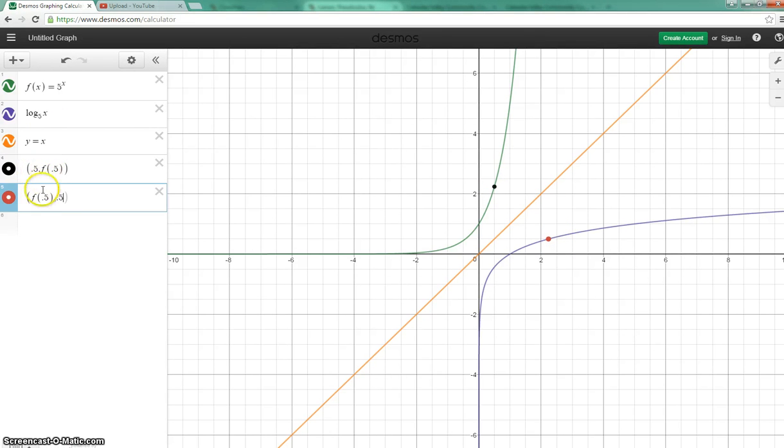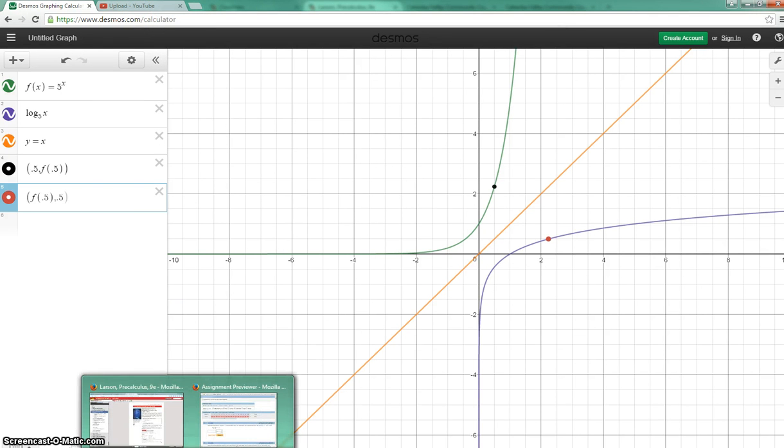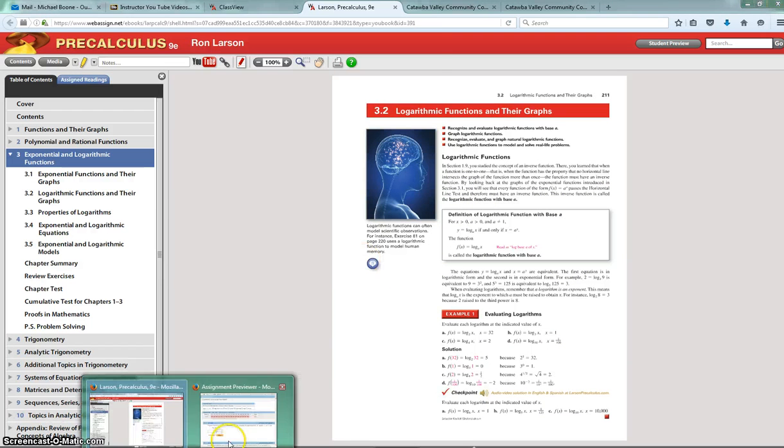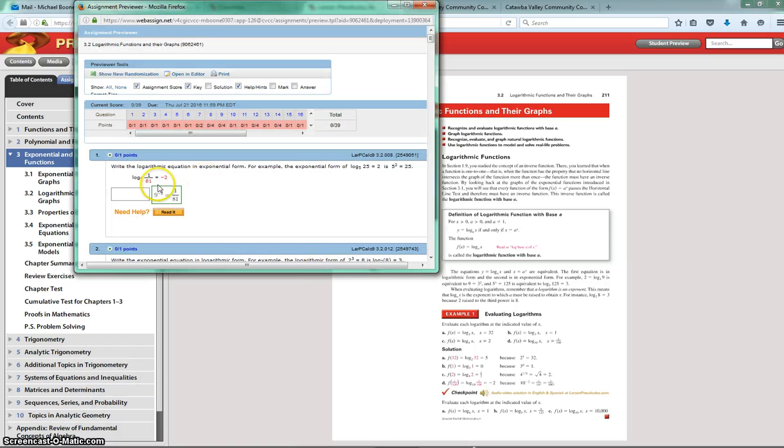Instead of having xy, I have yx. That comes in handy when we're trying to solve exponential equations or logarithmic equations. So make sure you're reading the chapter, getting a good skim on, so when you do the problems, they make a little bit more sense.